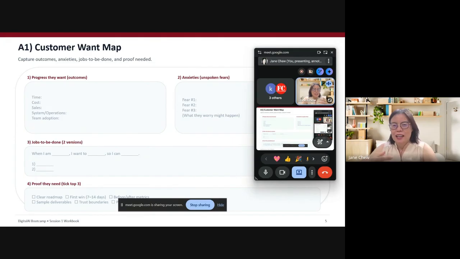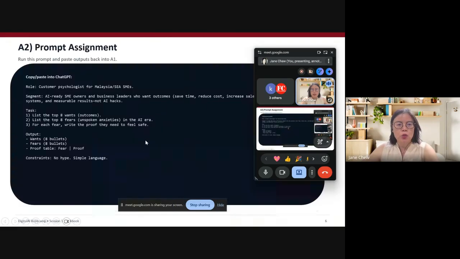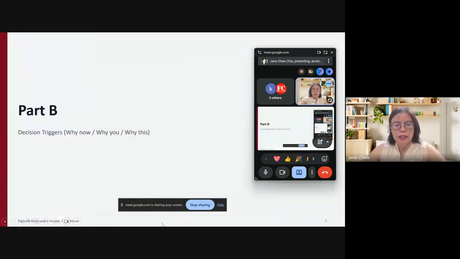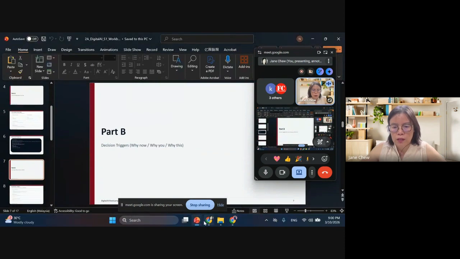These are the things that we should technically know, but sometimes we don't. So you write down your own answer first, but later on we will use AI to help validate that or brainstorm with you. Okay. So these are the things that I need you to fill up, and there is also a prompt that I have prepared. Now let's go to the worksheet.